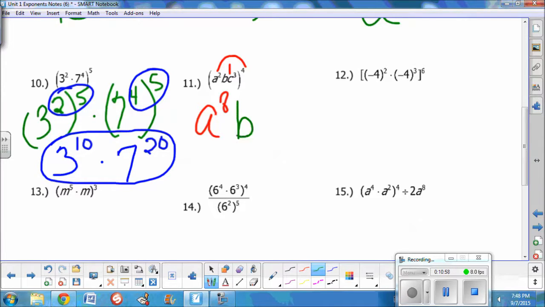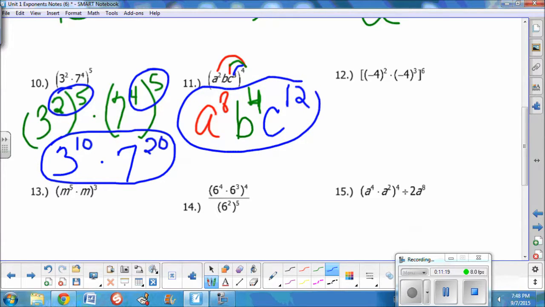B to the 1st to the 4th power gives us b to the 4th because 1 times 4 is 4. And now let's look at the c's. C to the 3rd to the 4th power. So 3 times 4 is 12. And there's your final answer for that one.